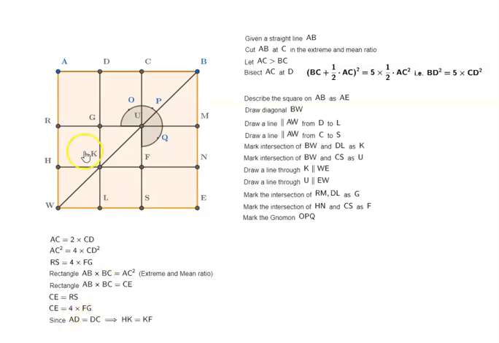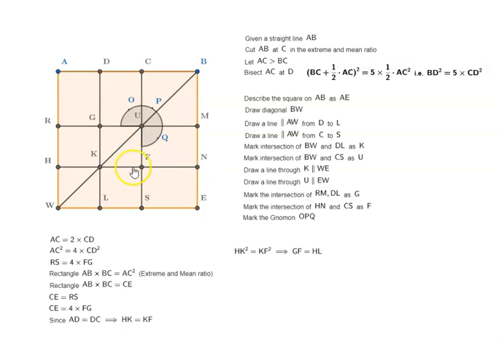Since AD is equal to DC, that implies that HK is equal to KF. So that means the squares on them will also be equal. That is, HK square is equal to KF square. Now HK square is what? It is HL. And KF square is what?